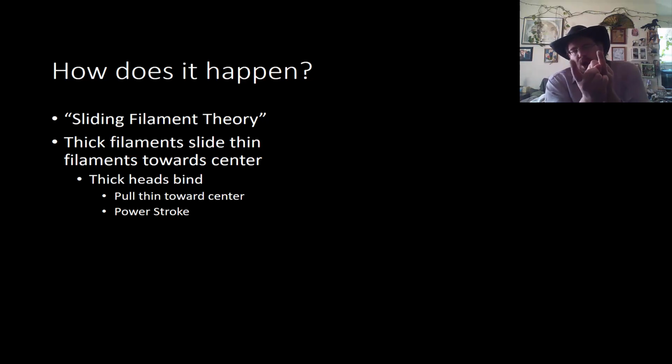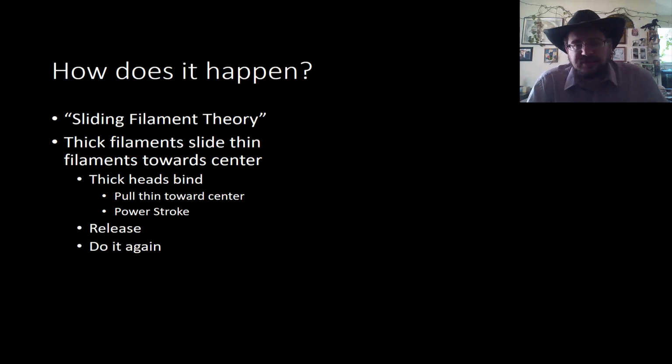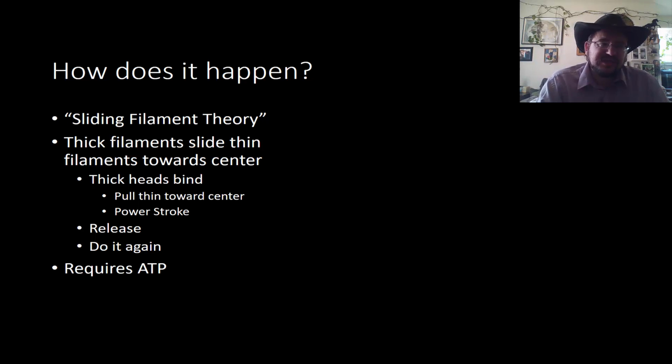So the head binds. We pull it towards the center with the power stroke. The head releases, and we just do the whole thing again. This requires ATP. That's literally muscle contraction.